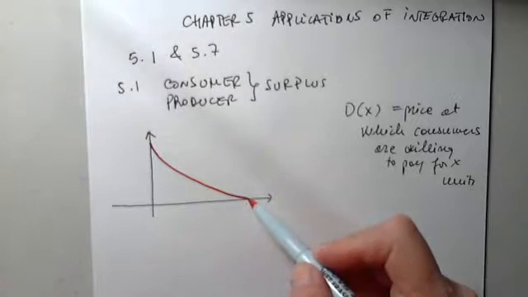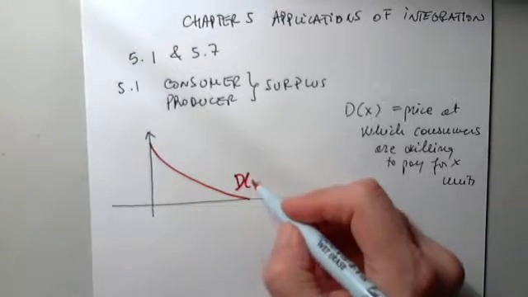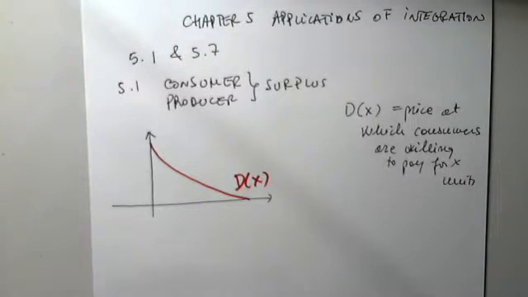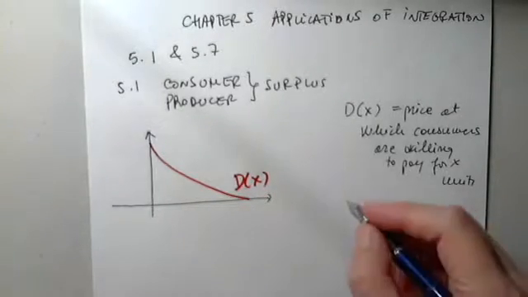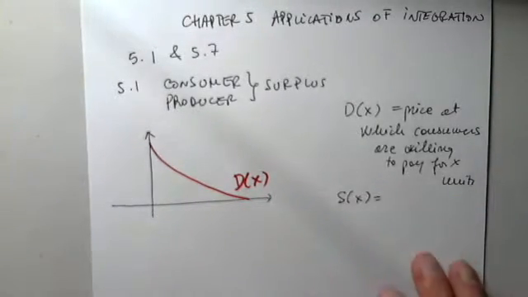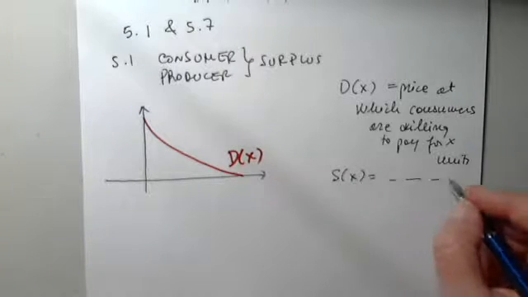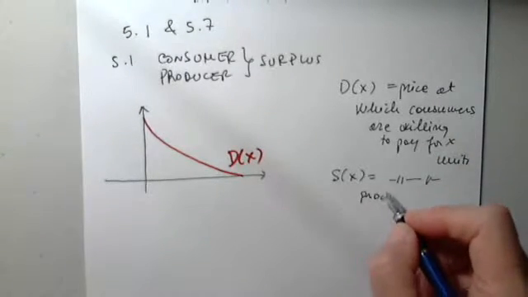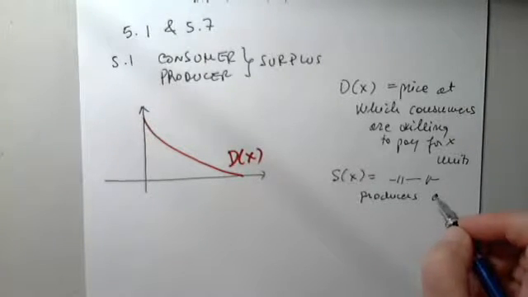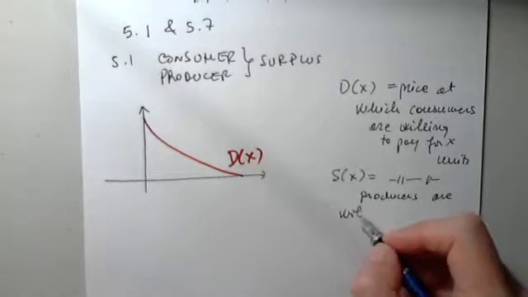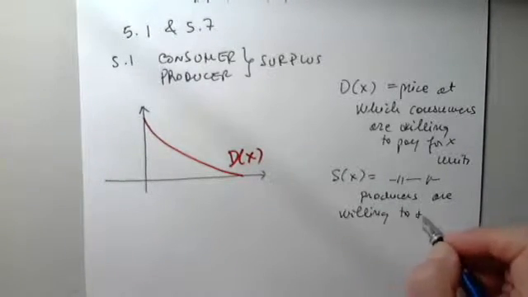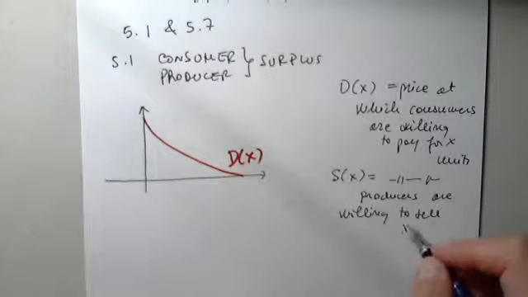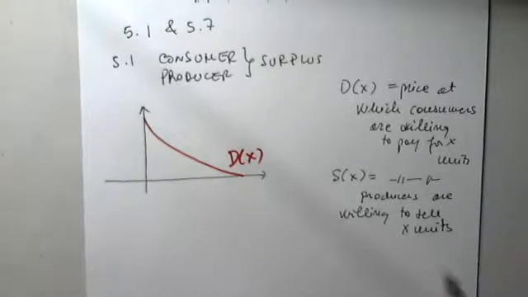Say something like this. That's the d of x. Now we're also given s of x, which is the price, same thing, but for producers are willing to produce or sell x units. And of course that is an increasing function.